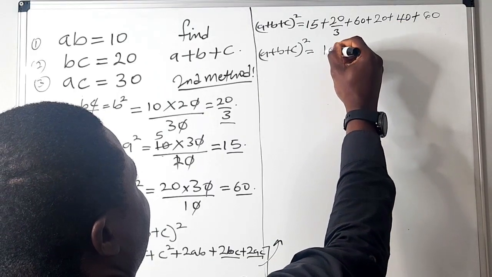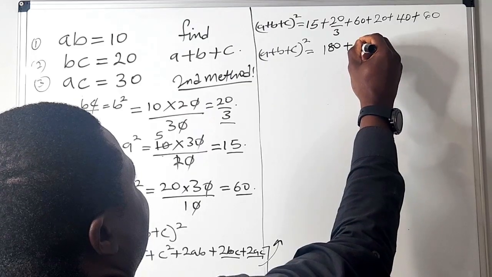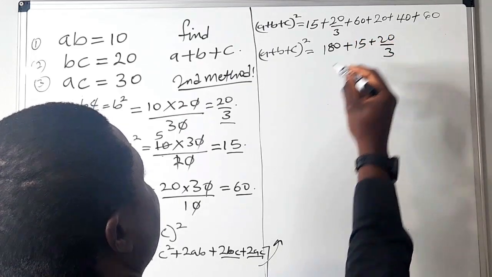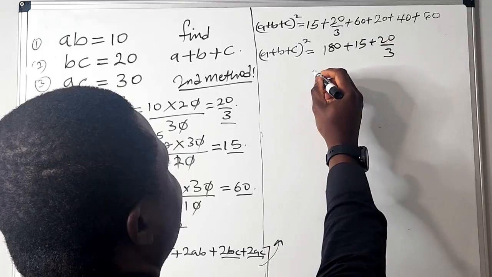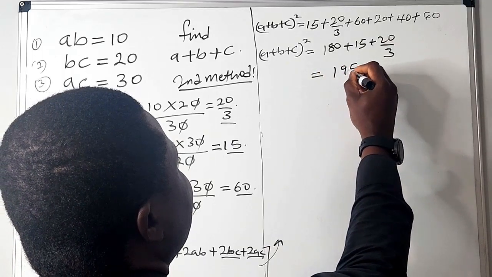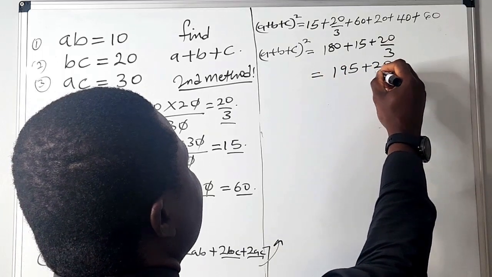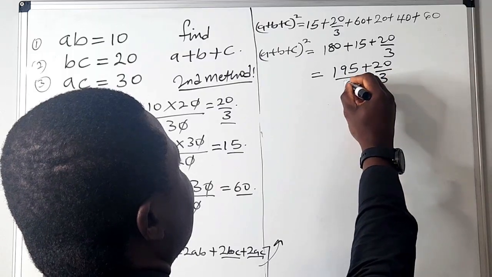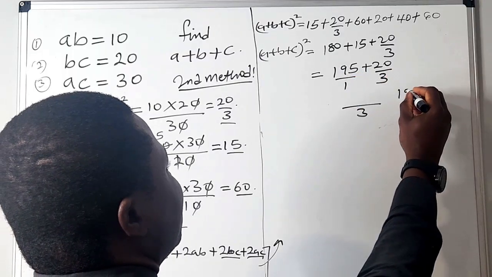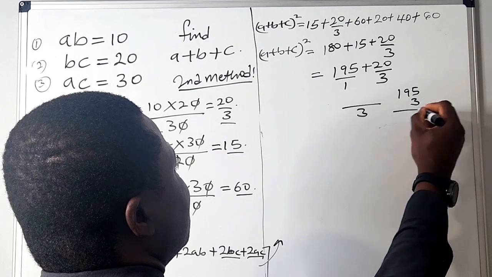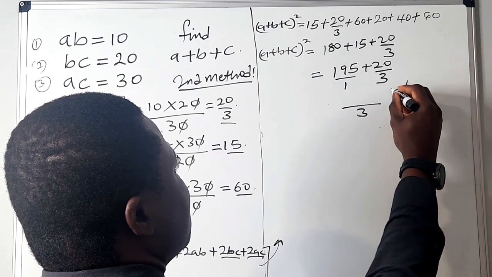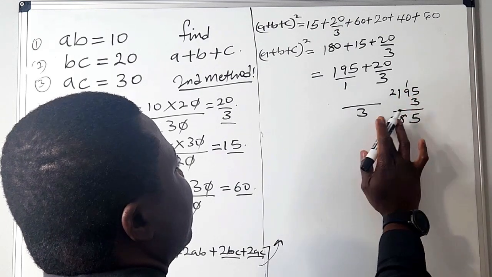So we have 180 plus 15 plus 20 over 3. So if we add this up, it becomes 195 plus 20 divided by 3. And we take the LCM. 195 times 3 is 585.